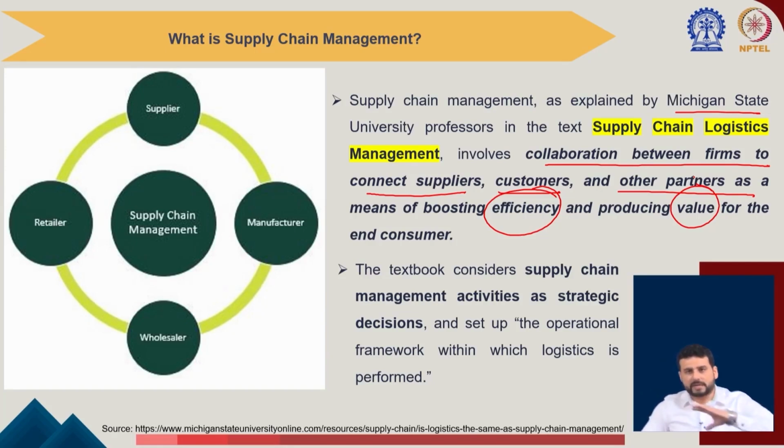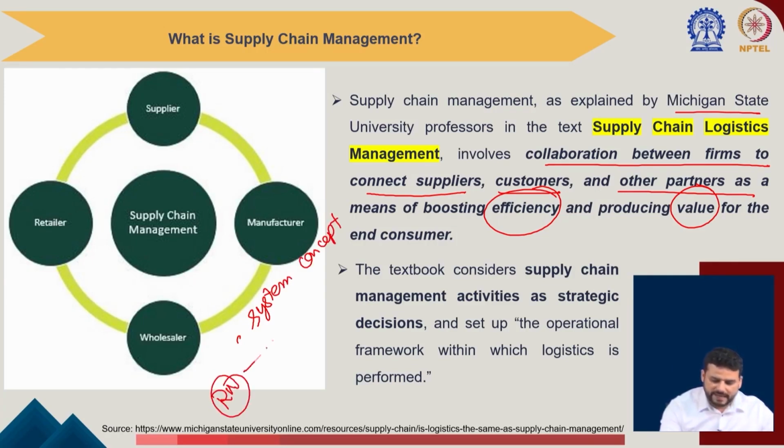So all stakeholders are part of that, because supply chain management is a kind of system view concept, where we are saying that from the raw material to the end customer, how you are reaching with your product.